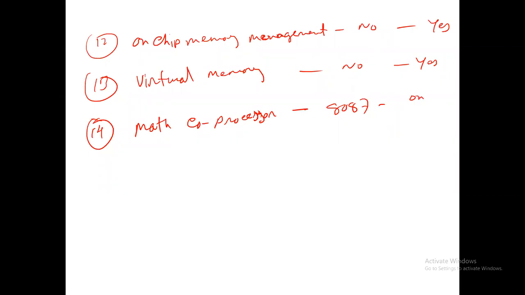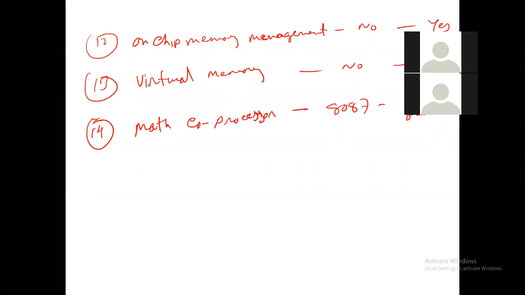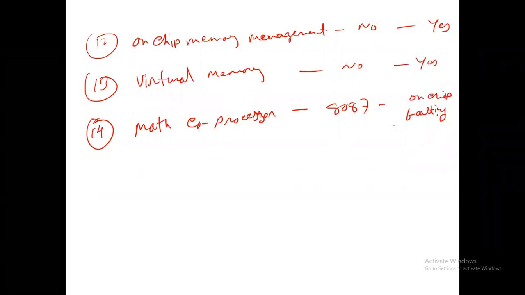Floating means fraction. Fraction calculation is not available in our 8086 microprocessor, but fraction calculation and results are available in our Pentium 1 processor, because it has the on-chip floating point processor.